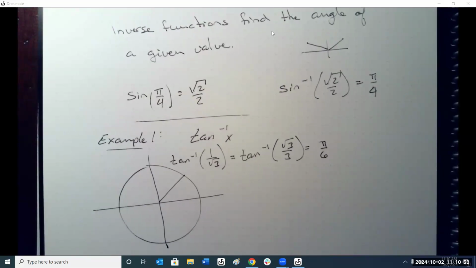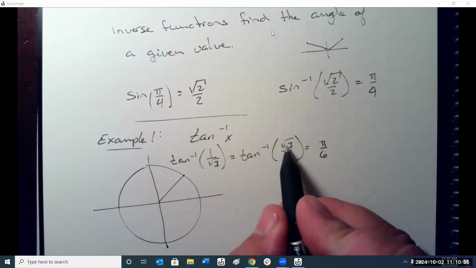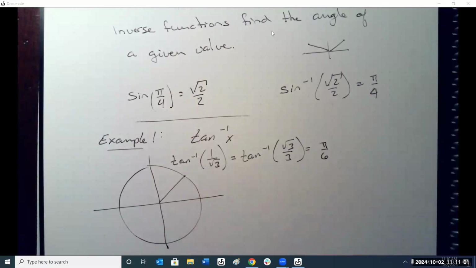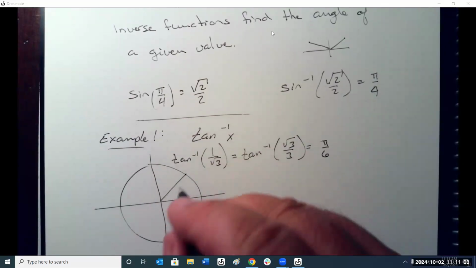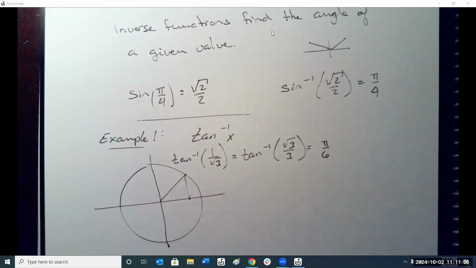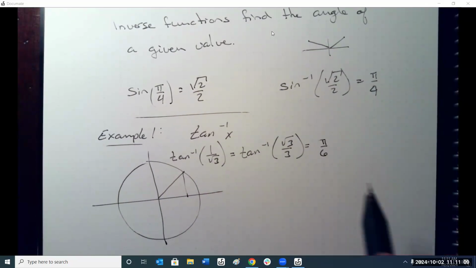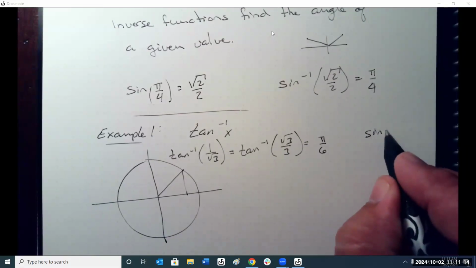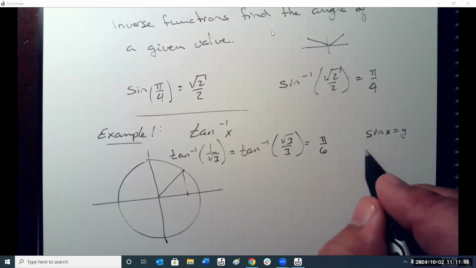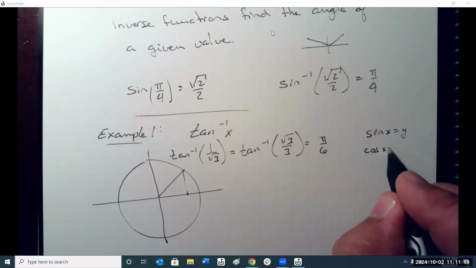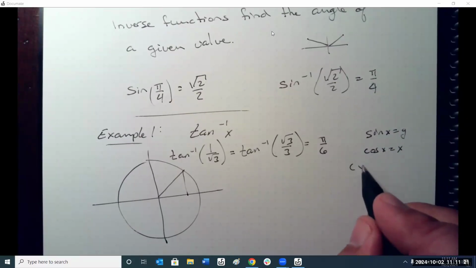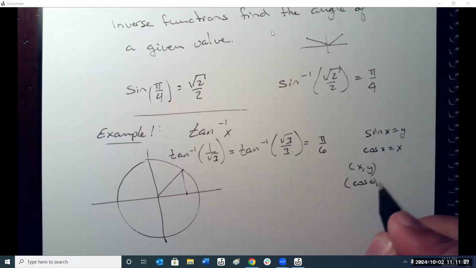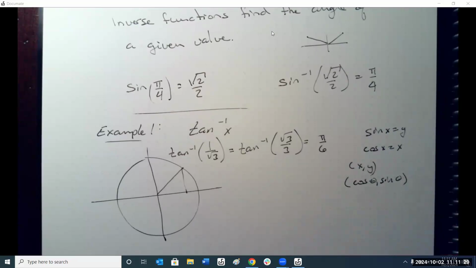So where did we get this information? Remember, every triangle is defined by sine and cosine. Sine values define the y value. Cosine values define the x value. So in other words, every point we have on the curve is made up of cosine of some angle, sine of some angle.